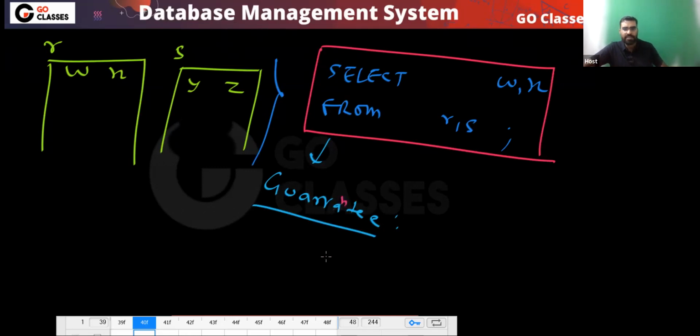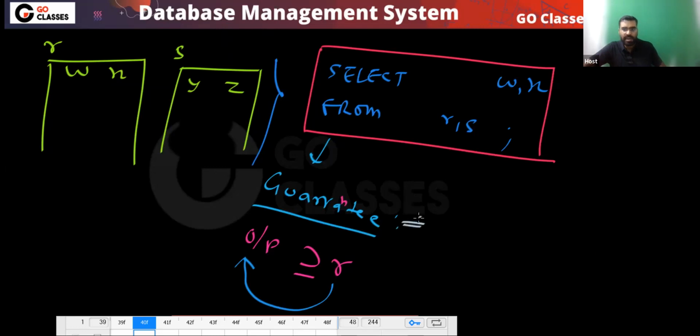The output will be a superset of R. Every tuple of R will be there, but they can be duplicated. Yes or no?